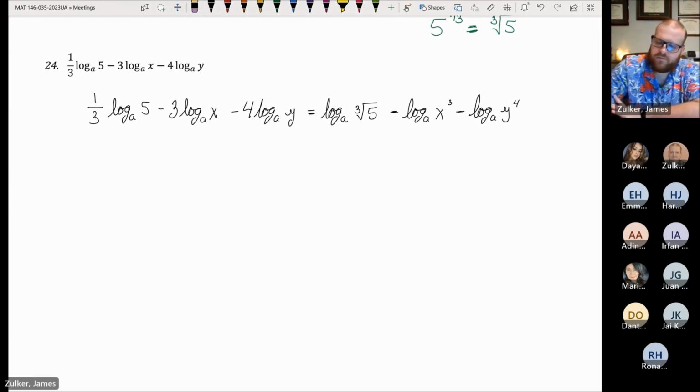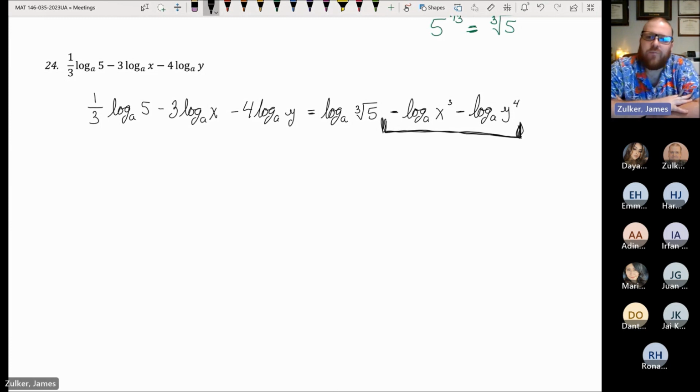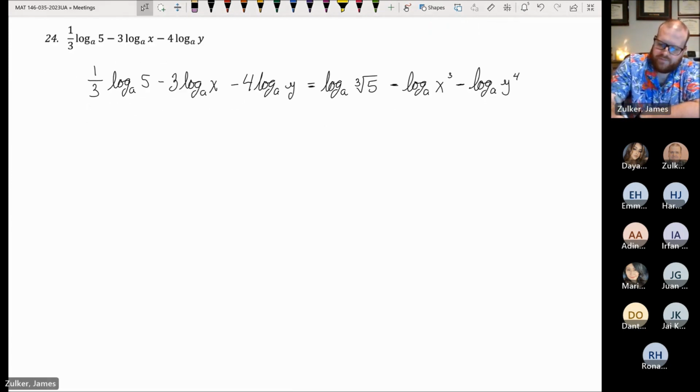Or we could notice that these two have a common factor. Right, they have a -1 in common, so we could also just factor out that negative. It honestly doesn't matter. So I think what I'll do is I'll start with the first two terms.